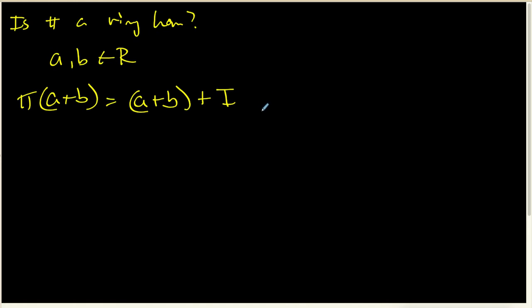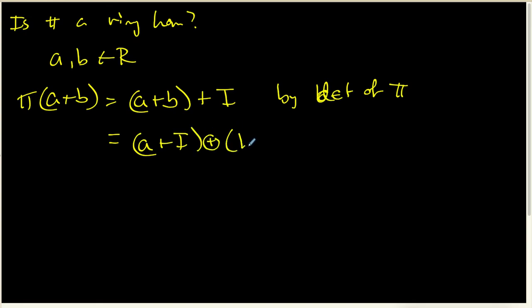So this is going to be a plus b plus I, and that's by the definition of my map pi. Of course, I know something about coset addition. This is going to be a plus I plus b plus I. That's by the definition of coset addition. But a plus I is just pi of a, and b plus I is pi of b.